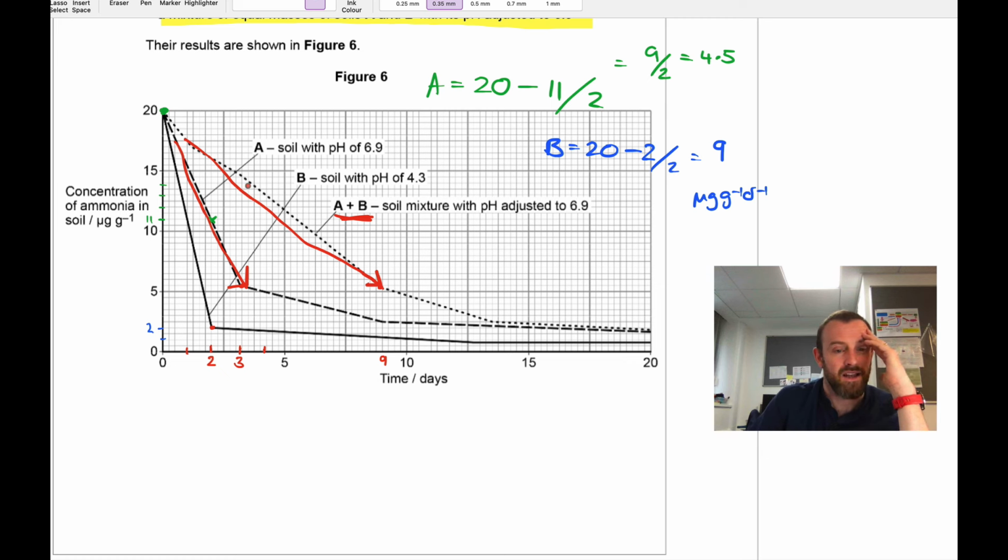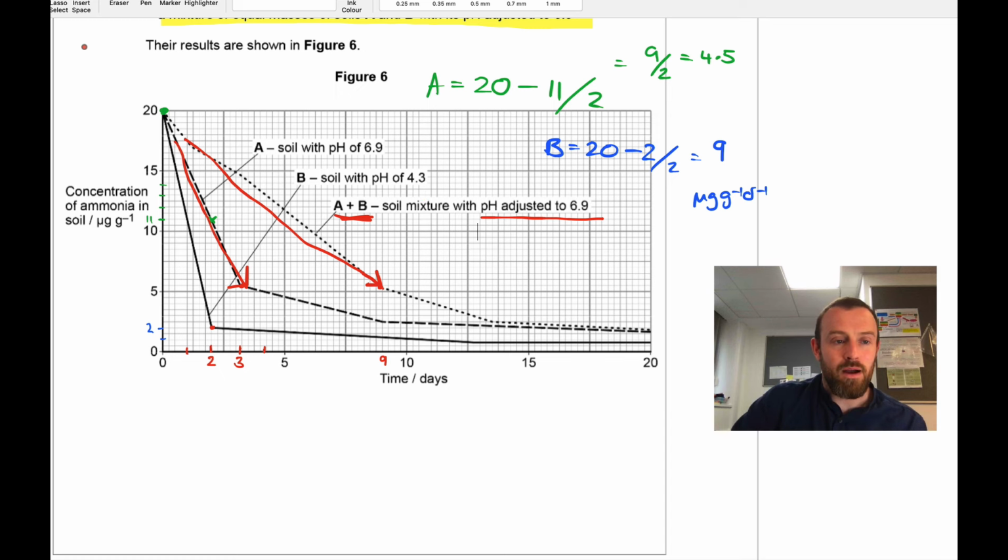Hence, the gradient is like half the gradient of soil A. But it would appear that all of the bacteria in soil B are basically not doing anything because the pH has been adjusted to 6.9, so they're not adding any extra breakdown.